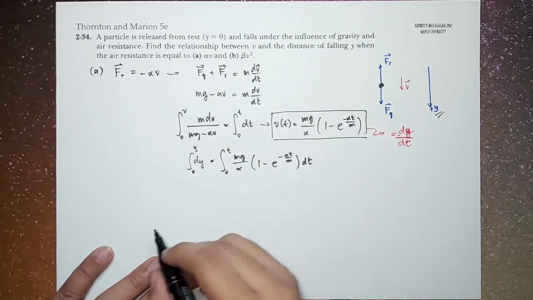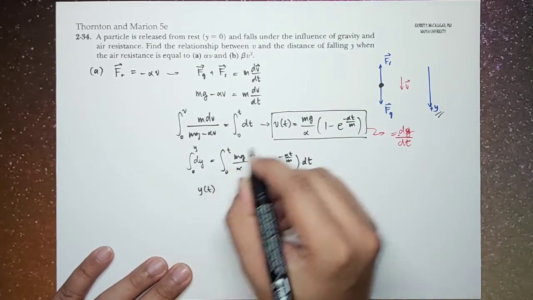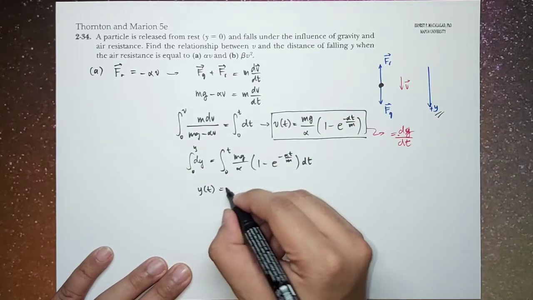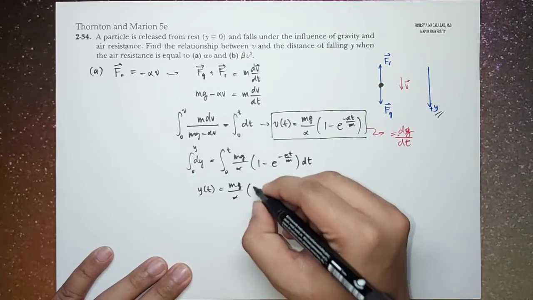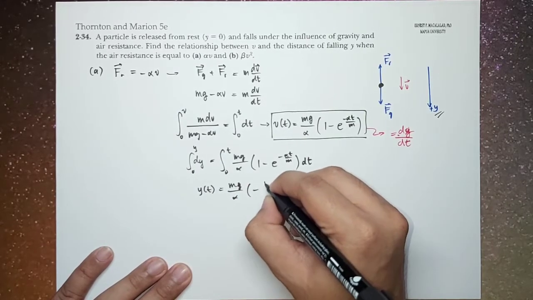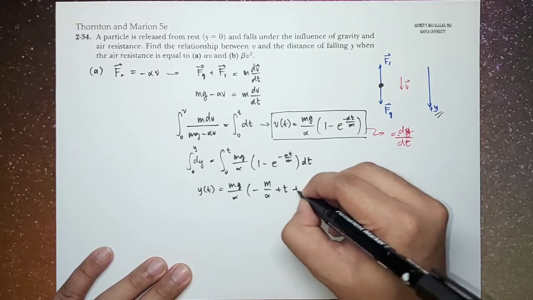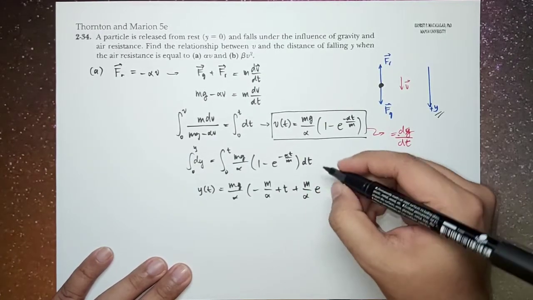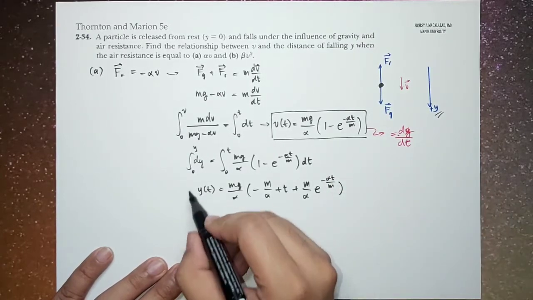Again, you can do the integration later, but the point is that y will now be equal to mg over alpha times negative m over alpha plus t plus m over alpha e to the negative alpha t over m.